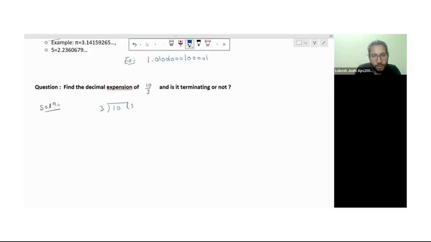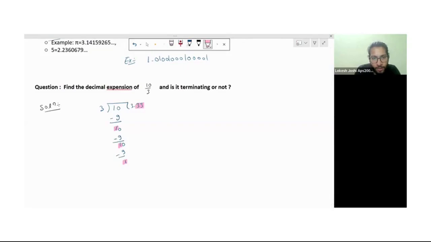We know 3 times 3 is 9, minus, the remainder is 1. We can use the decimal, then 0, 3 times 3 is 9, again 9 minus, remainder 1. We have the decimal there, so 0, 3 times 3 is 9, again the remainder is 1. Now look, we get remainder 1 again and again, and 3 is repeating after the decimal.